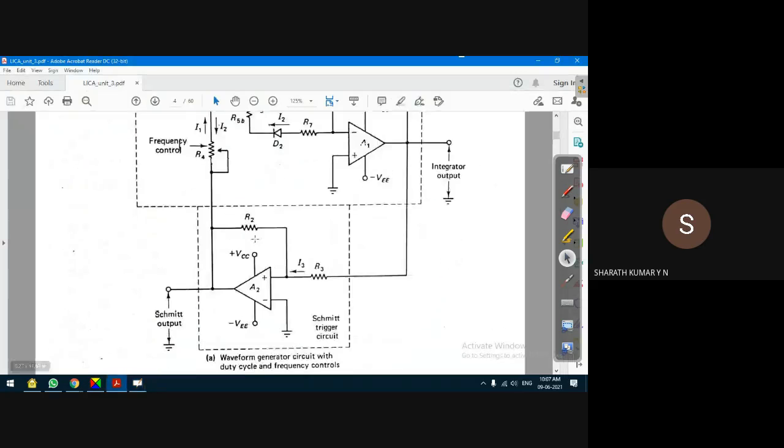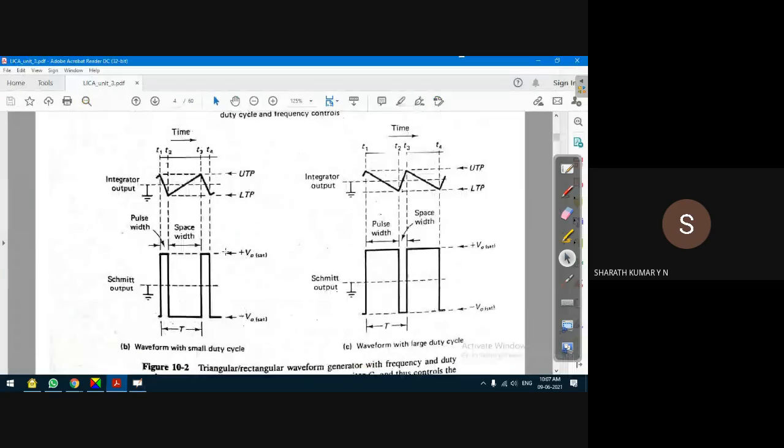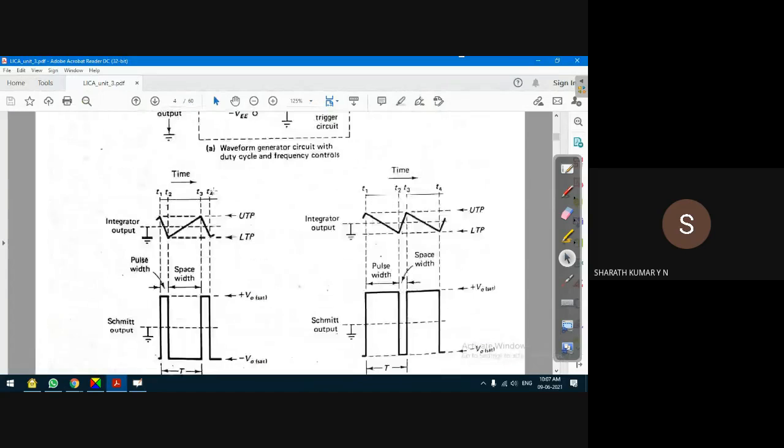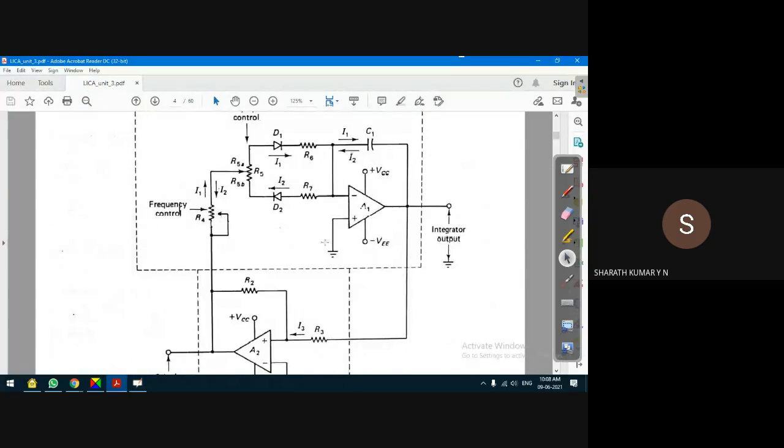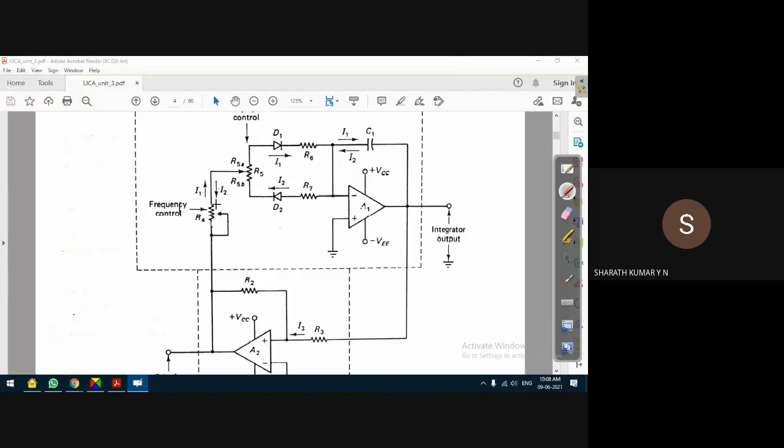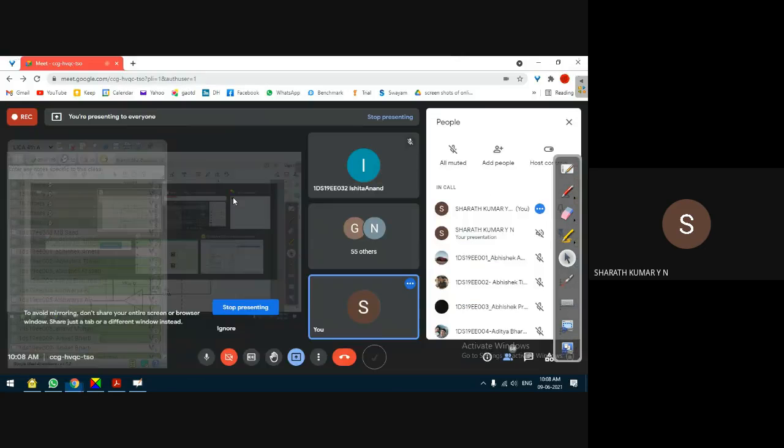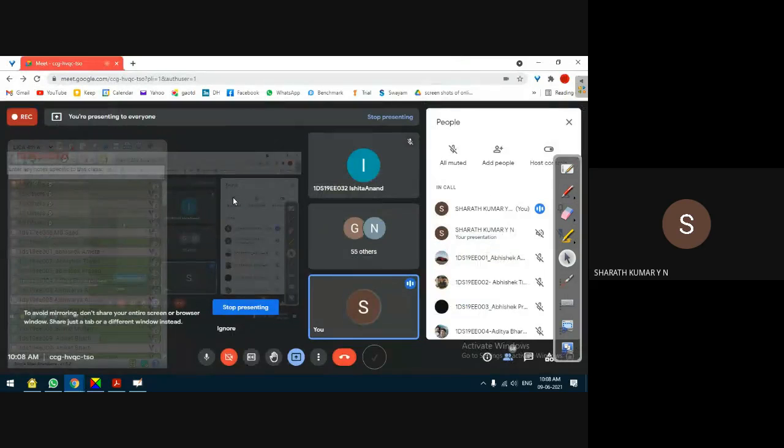So this we discussed last class. The waveform will be generated like this. The waveform generation depends on the amount of resistance and the current.